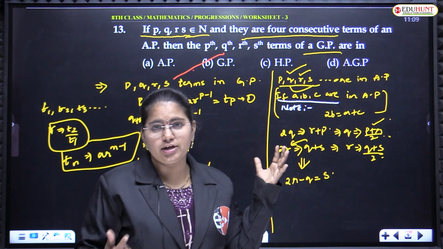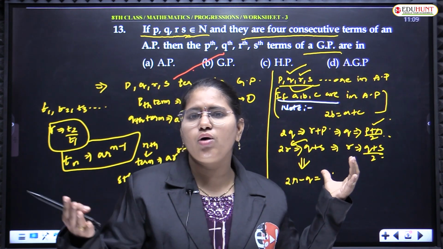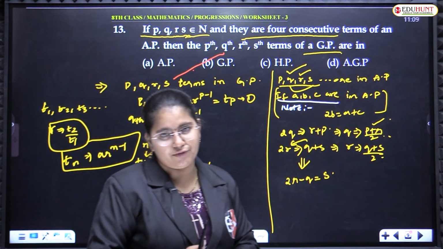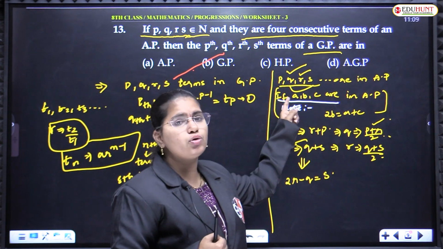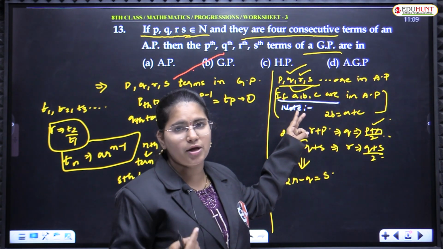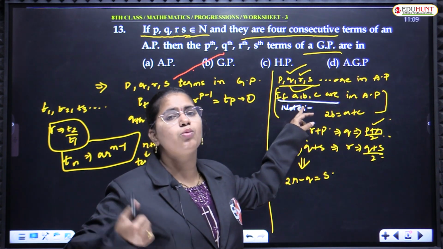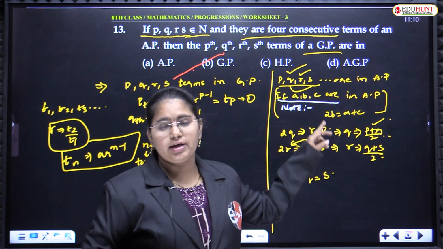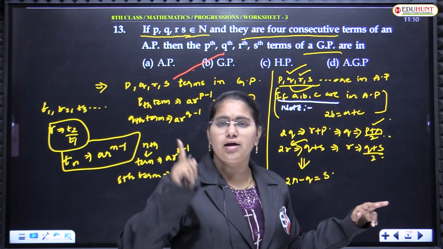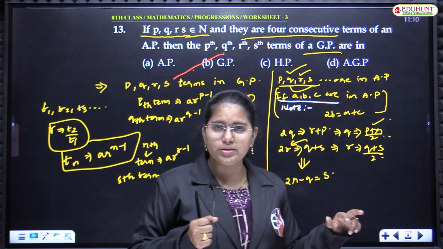Sometimes if they did not mention the word consecutive, I may not take them like P, Q, R, S. But in the question, they clearly mentioned that it is consecutive. So, for that reason, P, Q, R, S are consecutive terms in AP. So, we have the middle term, twice the middle term is equal to A plus C, the sum of its end terms. This is the result I have proved and explained in the arithmetic progressions concept.